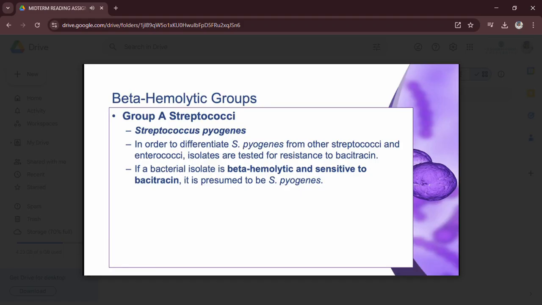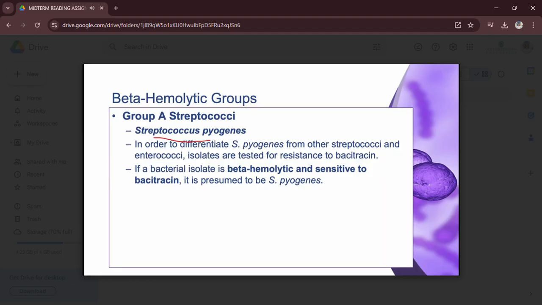Now, the main representative of your group A Streptococci is by far the most serious. It can rapidly injure cells and tissues. What is that organism? We have your Streptococcus pyogenes. Again, Streptococcus pyogenes is under your group A Streptococci.